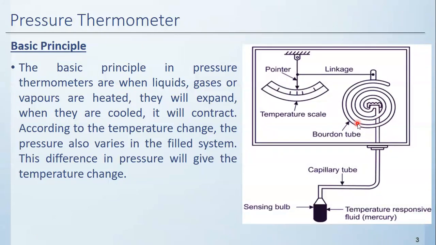You are already introduced to the Bourdon tube, an instrument which converts some quantity to a displacement. The Bourdon tube converts the change in pressure to displacement, and this displacement is converted to a linear displacement using linkage, amplified, and presented using the pointer and the temperature scale here.